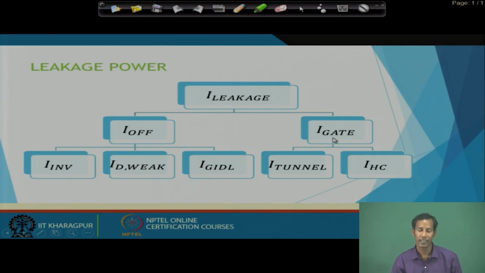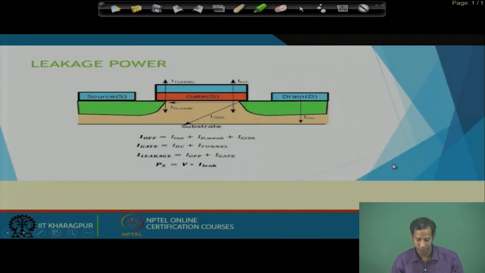Then the I gate current is basically the tunneling current, the gate tunneling current, and the hot carrier injection current. What happens is that at the gate level we are getting this I D weak, which is the subthreshold current.